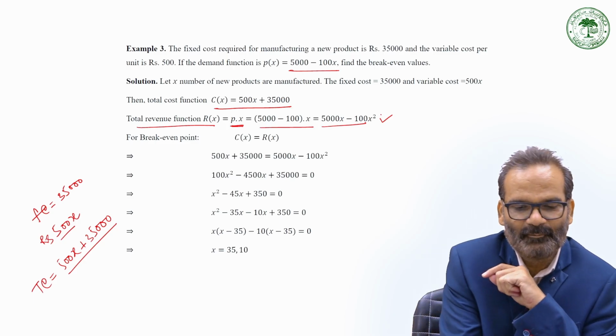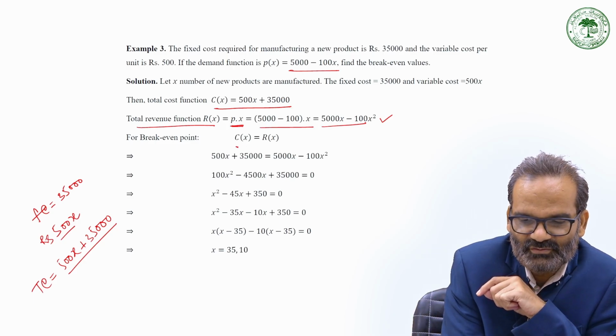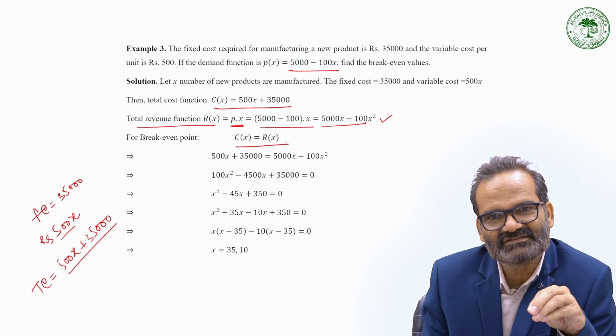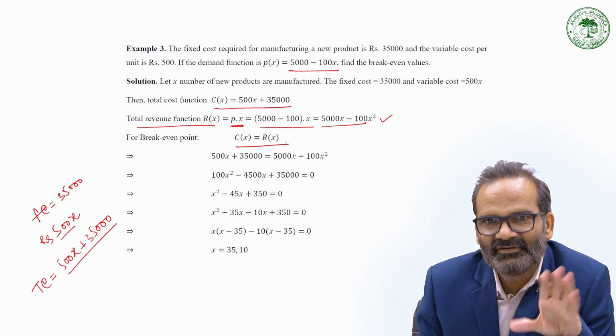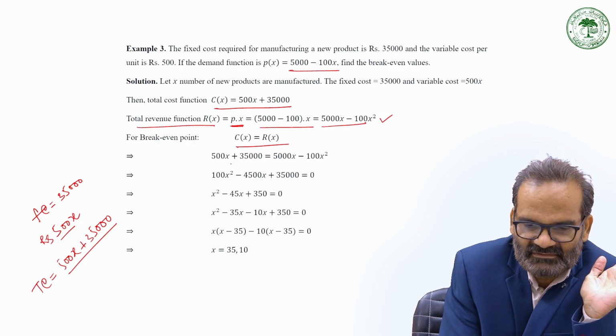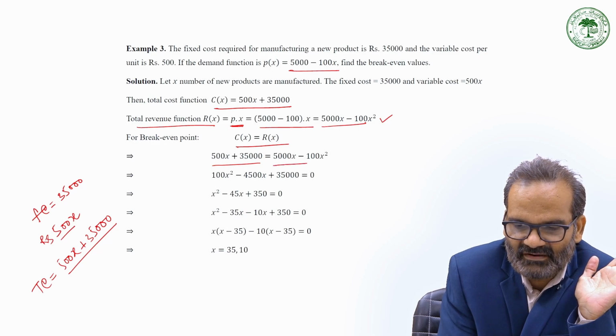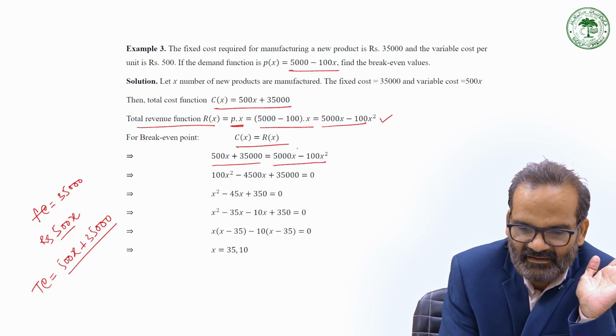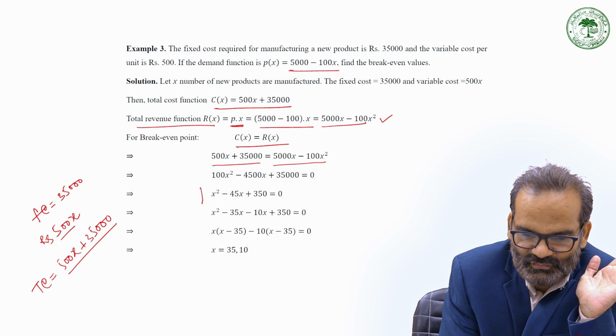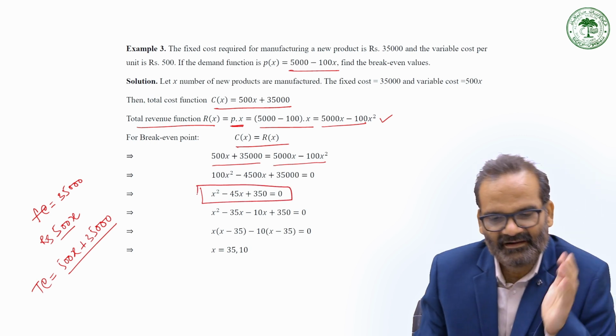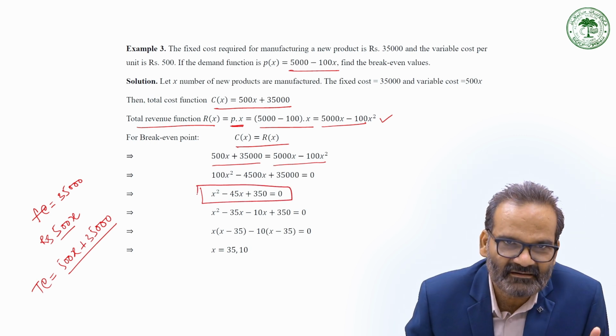And we know for a break-even point, the total cost function should be equal to the total revenue function. Substitute 500X minus 35,000 must be equal to 5,000X minus 100X square. Simplify this equation, and you will get a quadratic equation.